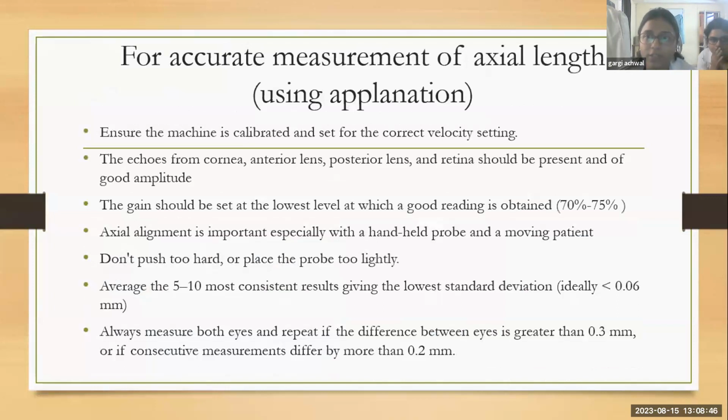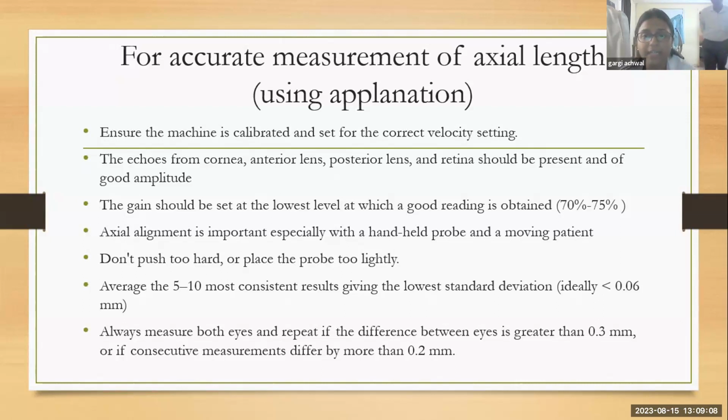For accurate measurement of the axial length using applanation, we have to ensure that the machine is calibrated and set for the correct velocity setting depending upon the grading of the cataract. The echoes for cornea, anterior lens, posterior lens, and retina should be present and of good amplitude. For that, the gain should be set at the lowest level, approximately 70 to 75%.